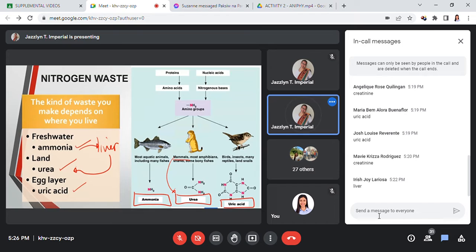Pwede namang hindi mo agad to ilabas. So mag-accumulate siya. Let's say you ate in the morning, in the lunchtime, and in the evening. So it will be processed and the undigested food will accumulate and should be released the following day. Okay? That's one good excretory practice.